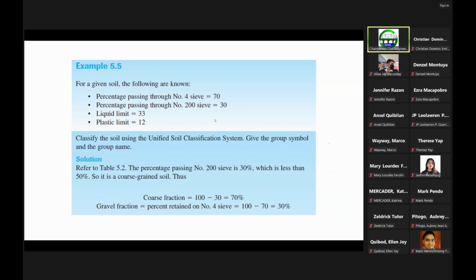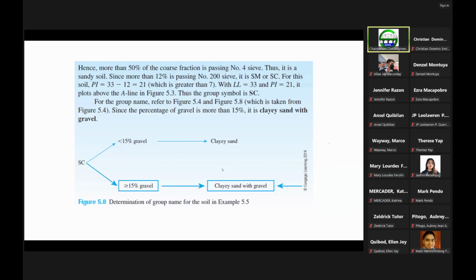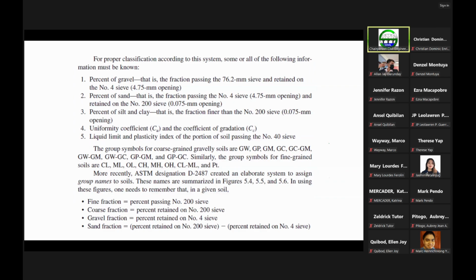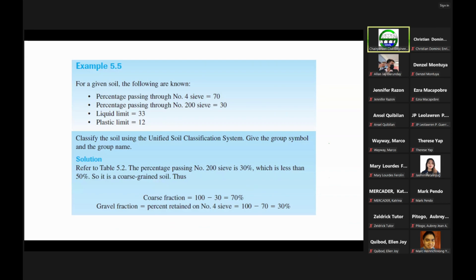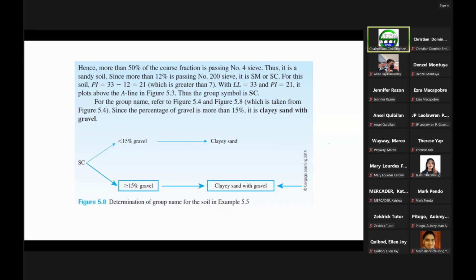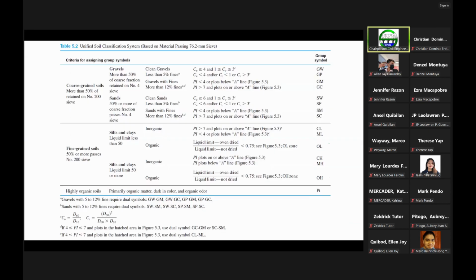The coarse fraction is 70%, so let's see if it's more than 50%.